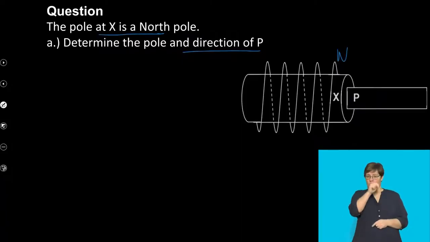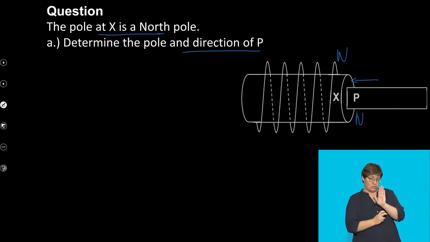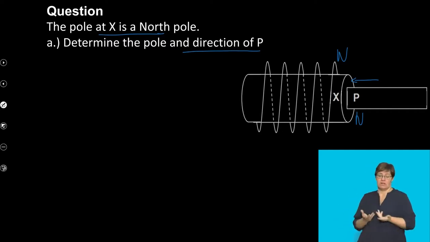Well, quite simply, we recognize, first thing, if P was moving towards the coil, then it would clearly be a north pole. Because according to Lenz's law, we recognize they would repel each other. So as the magnet moves in, they would be repelling each other. Now, there is an alternative.